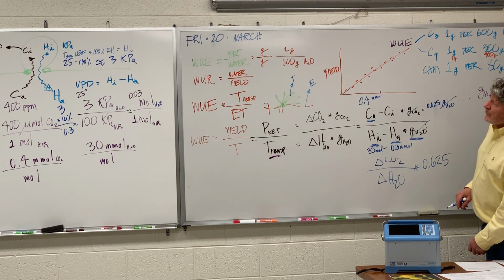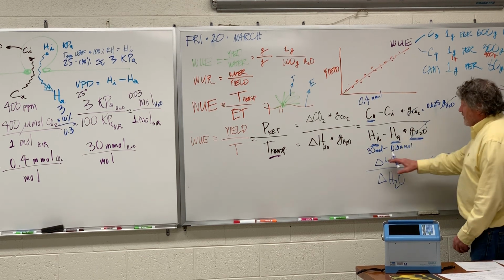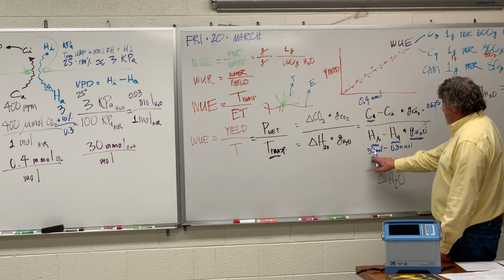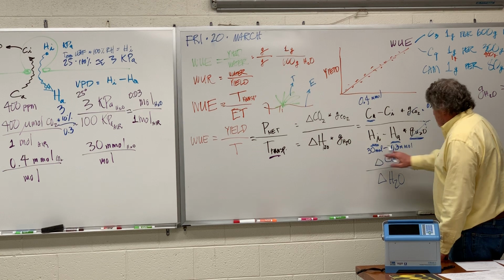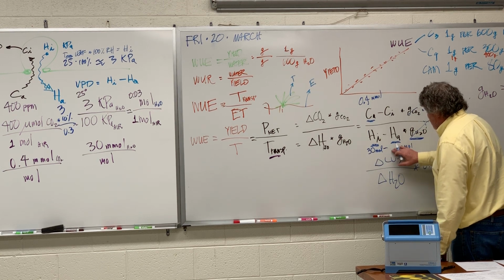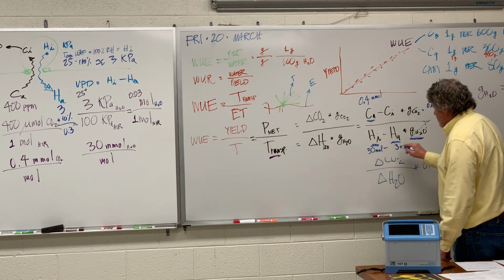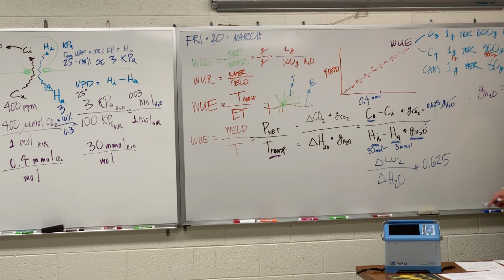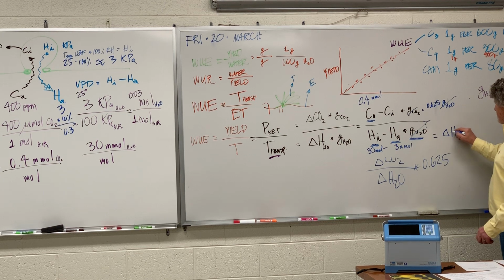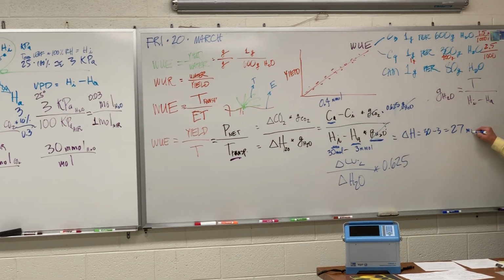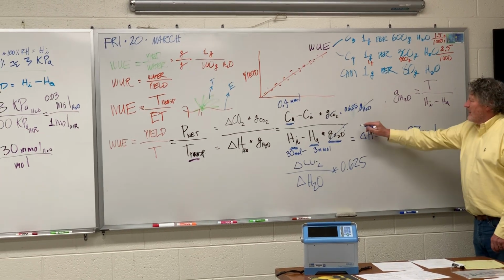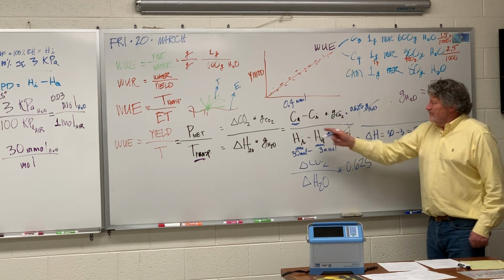Oops. 3, yeah, in millimoles, this is 3 millimoles, 10% of this number. So now the delta H equals 30 minus 3, 27 millimoles.